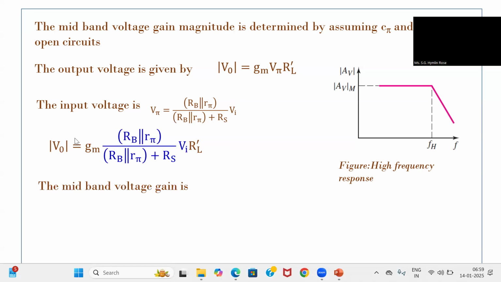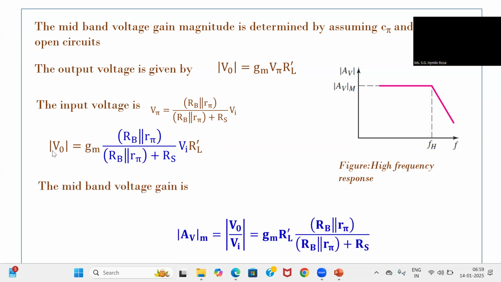So the midband voltage gain is V naught by VI, which is gm RL dash into RB parallel R pi by (RB parallel R pi plus RS).